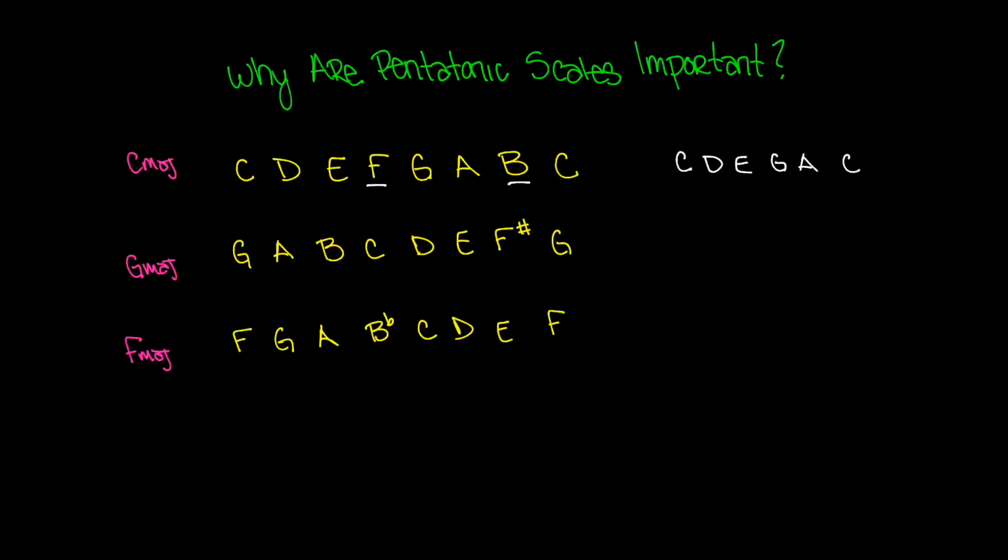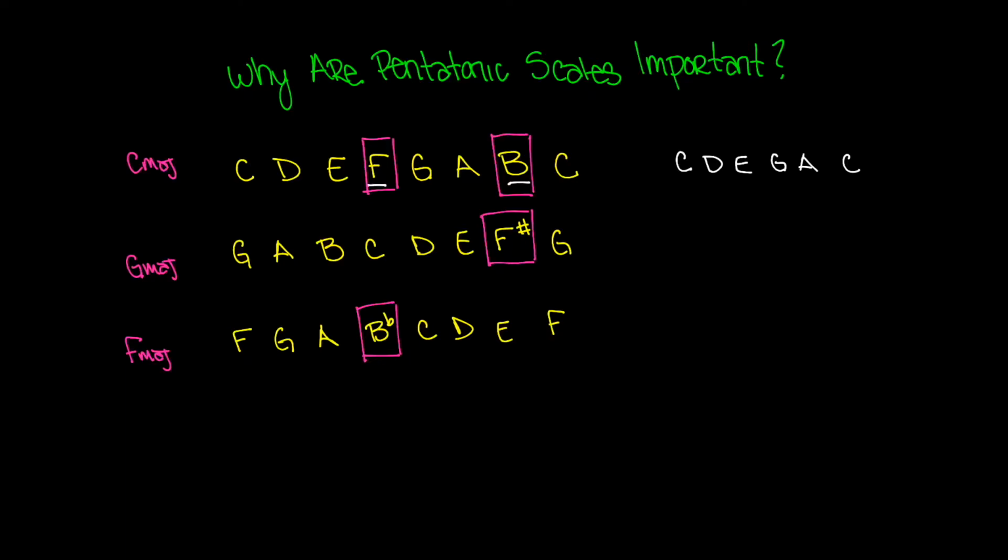Now let's think about degrees 4 and 7, and let's make these overly obvious. If I eliminated F and I eliminated B, now let's take a look at G major. If I eliminated the F here, and eliminated the B. Now what you might notice is, if I got rid of the F from the C major scale, I'm no longer able to tell.